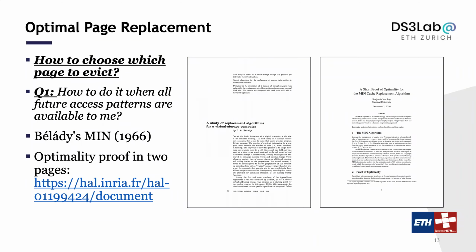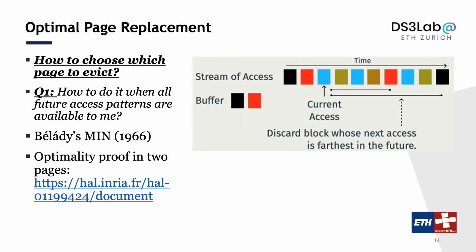And there is actually a very classical algorithm proposed in 1966 to really give you an optimal strategy for buffer eviction when you know the future. And that is actually a very simple strategy. So here's the model. Assuming that I have a stream of accesses, at every single point I know which page you are going to access.